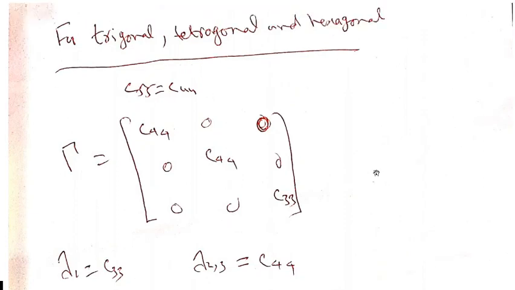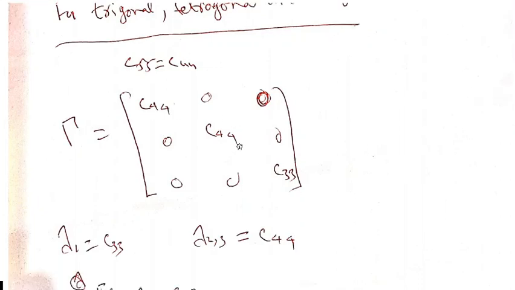In these cases we know that our C55 and C44 are the same. So by putting this we have this type of gamma.